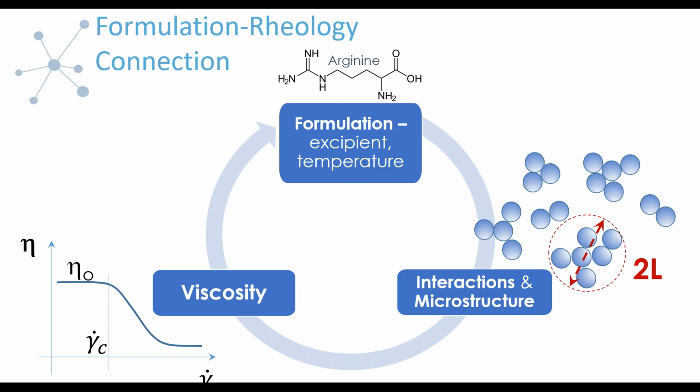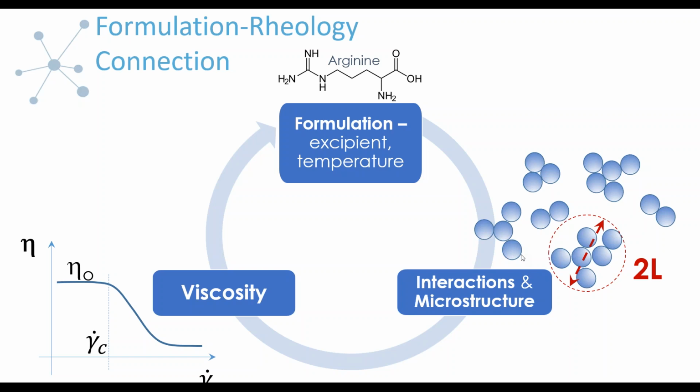As these interactions change, the microstructure of the formulation can change. By microstructure, I mean the common term we use to describe the spatial arrangement of the objects in solution. My diagram here shows primary objects that I'm representing as spheres.